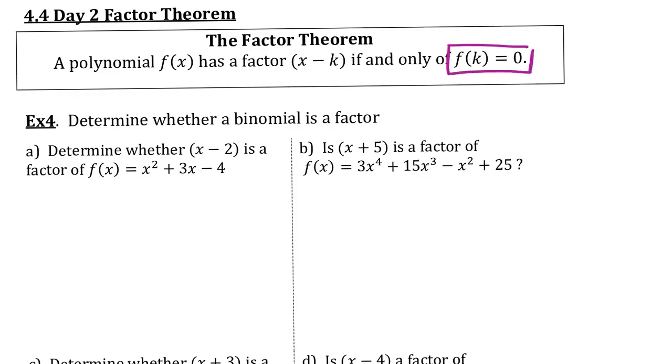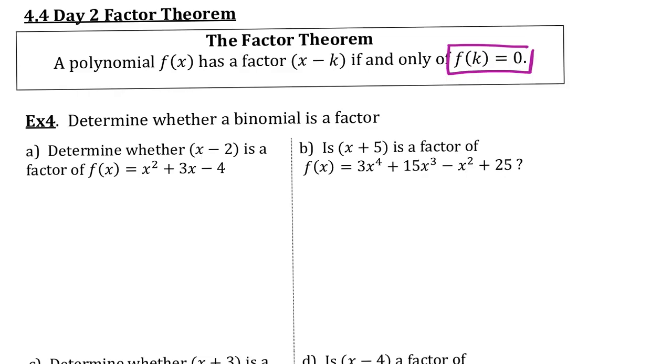So for example, we're going to determine whether the given binomial is a factor. If it is a factor, we're going to see if f of whatever equals 0. So to determine whether x minus 2 is a factor of f of x, we need to figure out if f of 2 is equal to 0. Now to evaluate f of 2, we can plug 2 in directly, or we can use synthetic division.